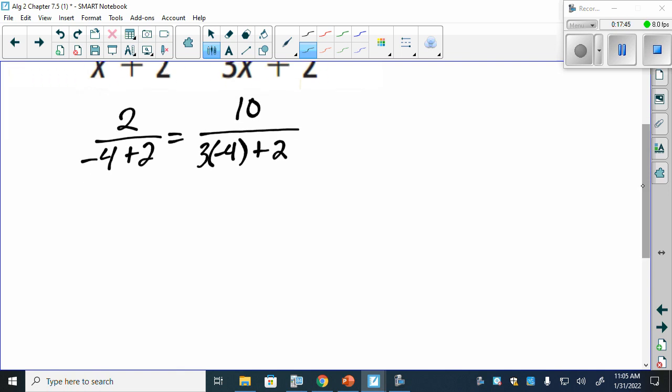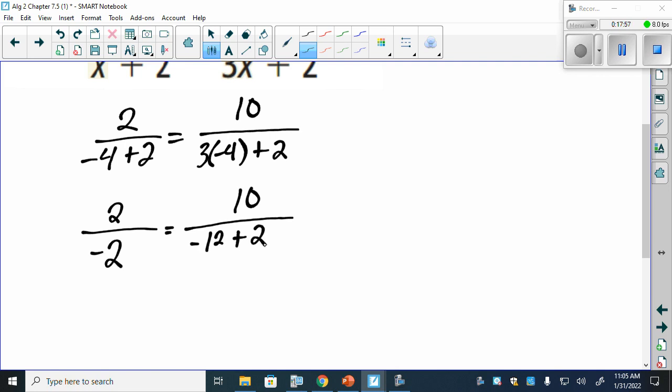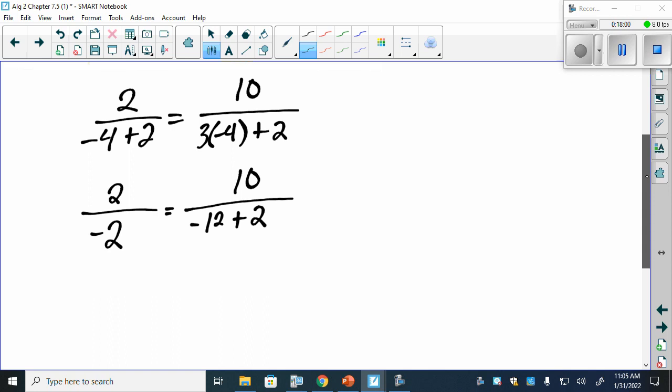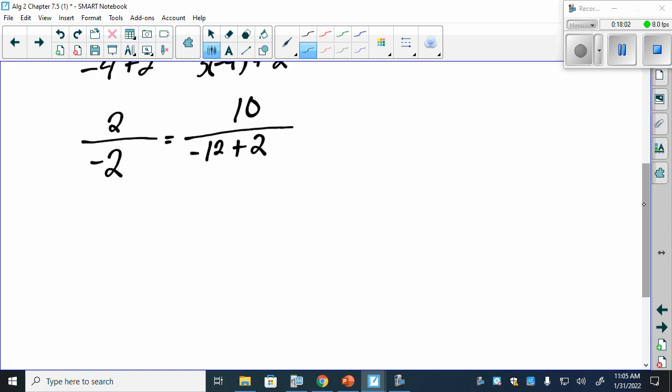Here, if I check it, negative 4 plus 2 is negative 2. Here, 3 times negative 4 is negative 12 plus 2. Well, 2 divided by negative 2 is negative 1.